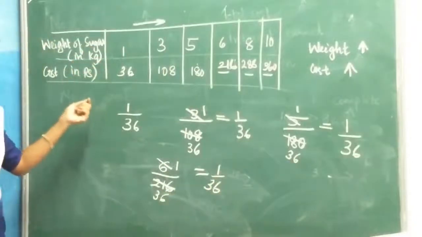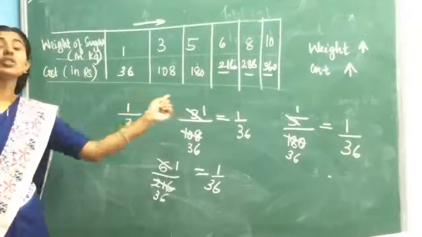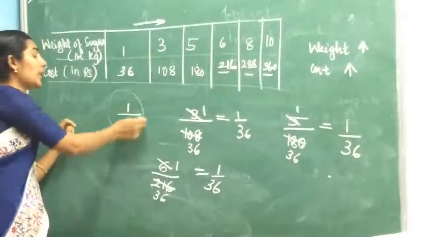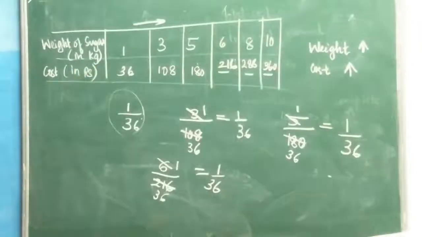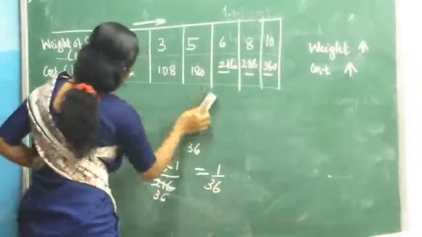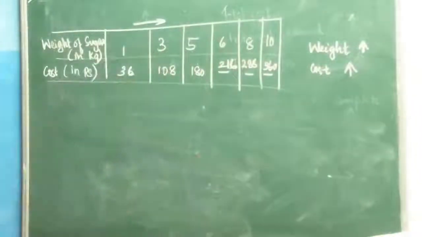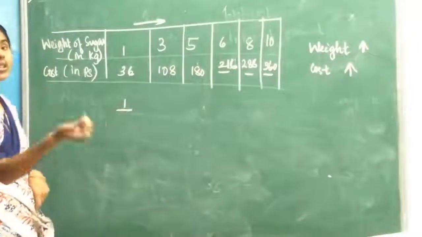When you take the ratios of these quantities, you will get all the ratios the same, equal to 1 by 36. So what does this mean? All ratios are same.